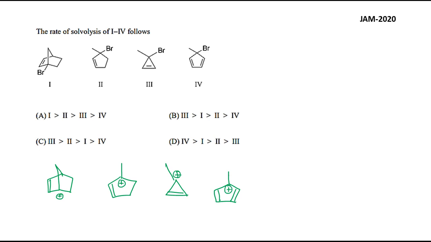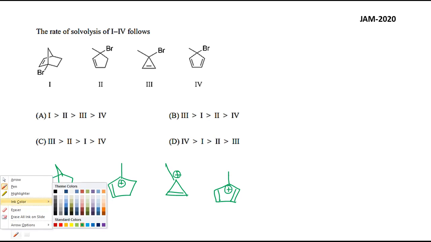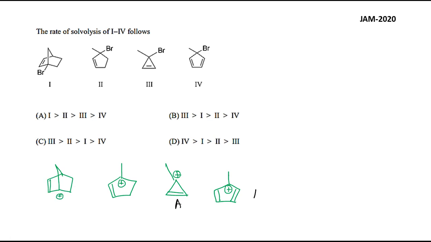Okay. Now here if you consider stability of carbocation, then this one is basically aromatic and this is anti-aromatic, because it is following 4n plus 2 total number of pi electrons, where n value is 0, so total 2 electrons present in this single double bond, and here we have total 4 electrons, it is following 4n. So this is aromatic and this is anti-aromatic.